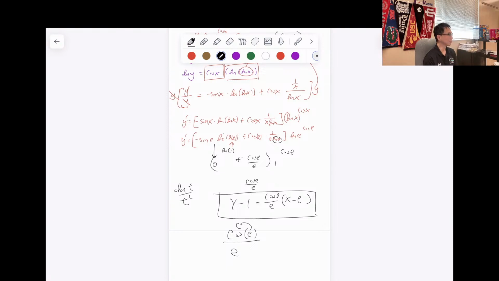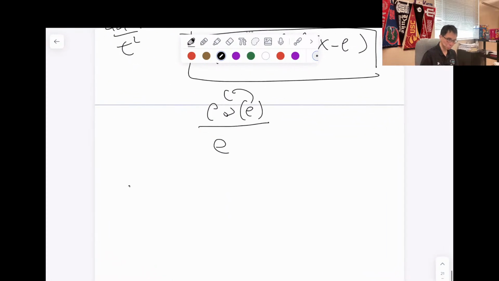What's your problem? X plus y minus 1, natural log of parentheses x squared plus y squared. And what do you want to do? Use implicit differentiation to find an equation of the tangent.